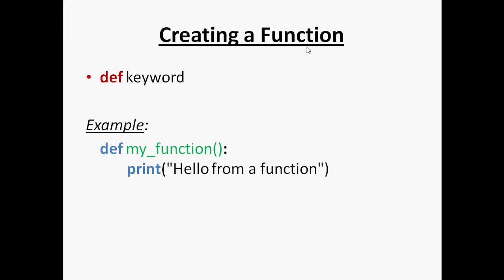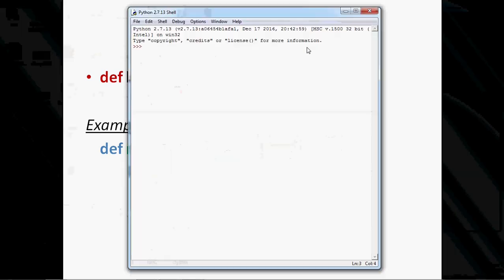Pressing the enter after it will take you inside the function where you can put your code which will be executed when your function will be called. Here I have just put a print statement with hello from a function as a text. So let us write the code for this.